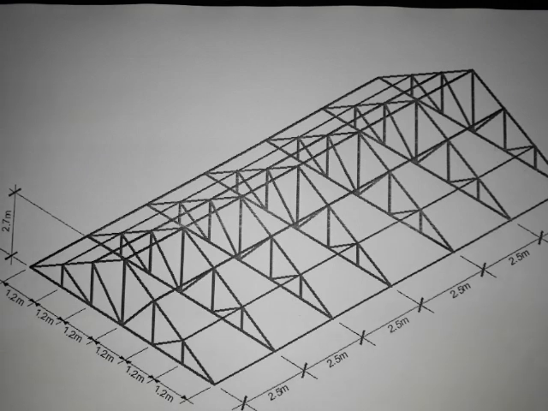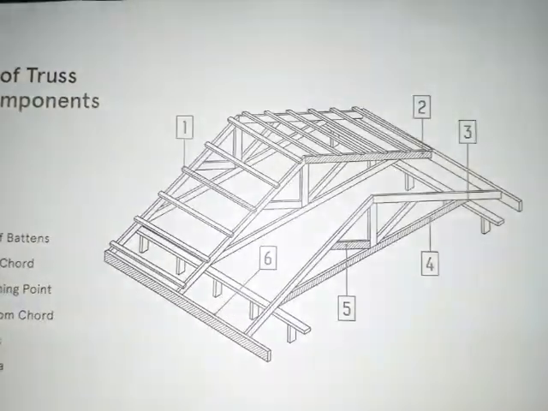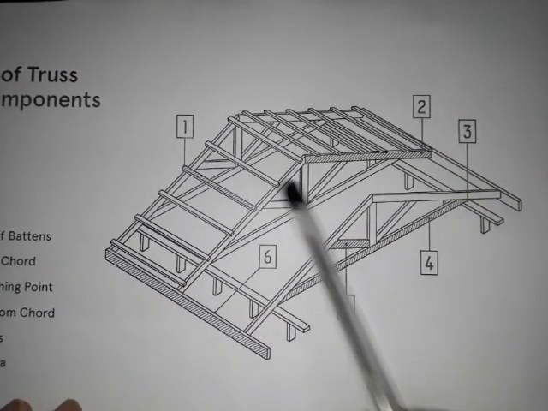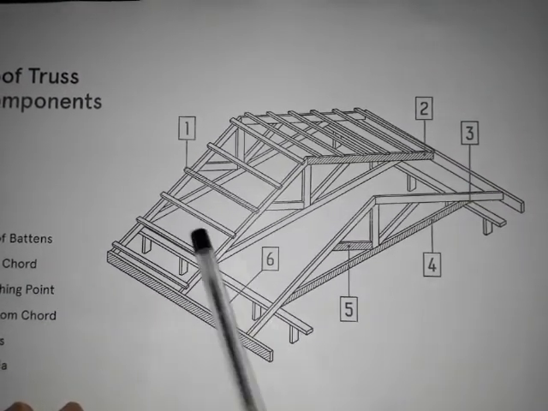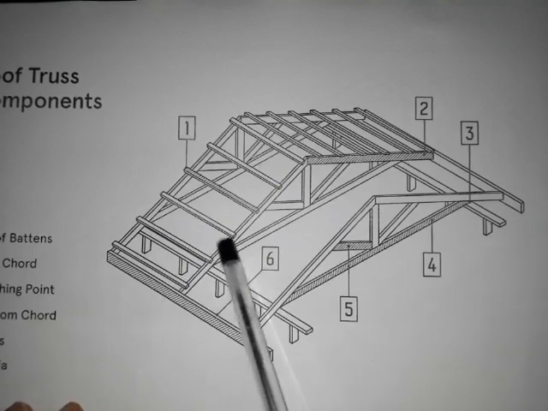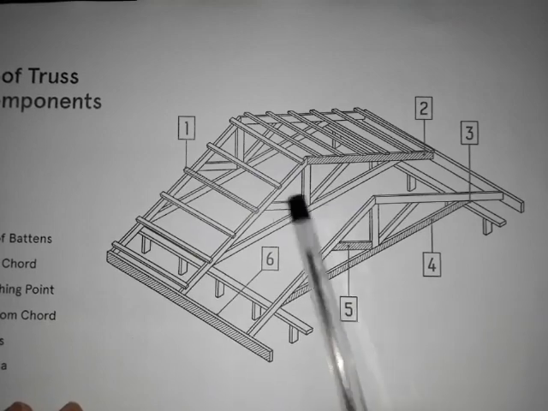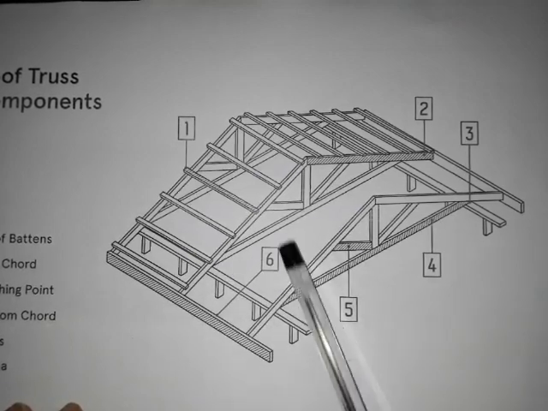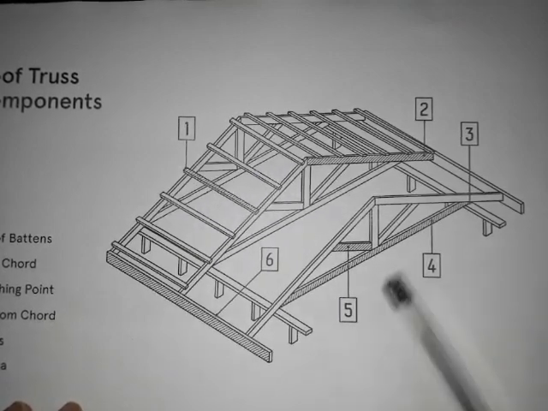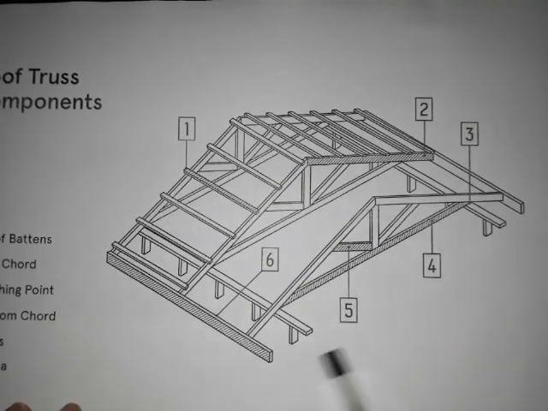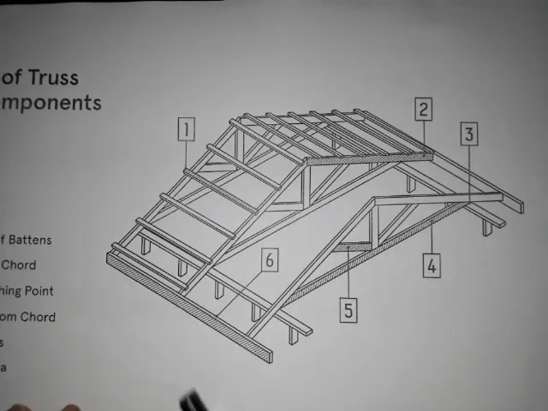We have one more sketch here. Here you can see two trusses and three panels, first, second and third panel, with members like purlins. That is why it is called a roof truss.